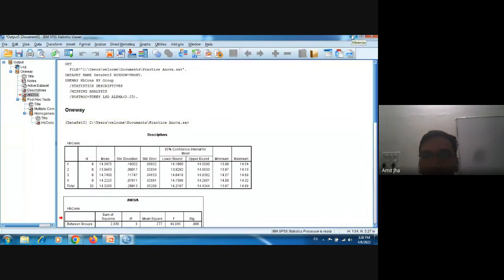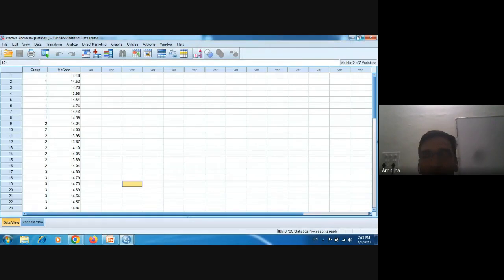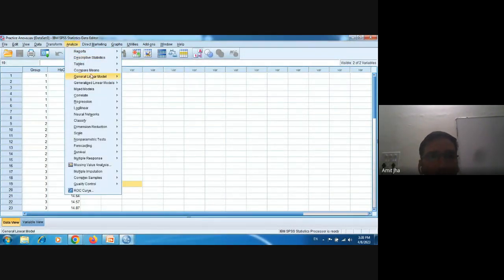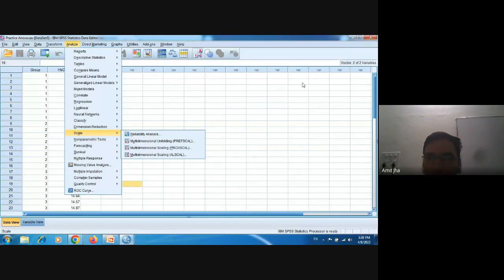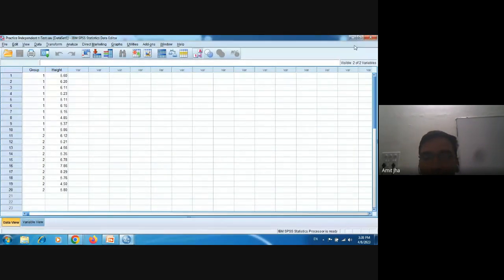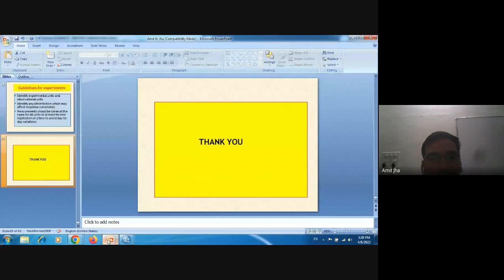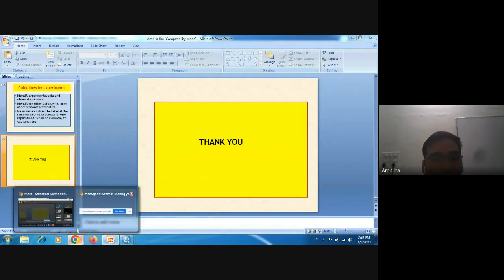So this is how we go for ANOVA, and there are so many other cases too. We can go for correlation, regression, neural networks, multiple responses. So many utilities are there. I think I have covered a little bit of all, and I have done with my presentation.